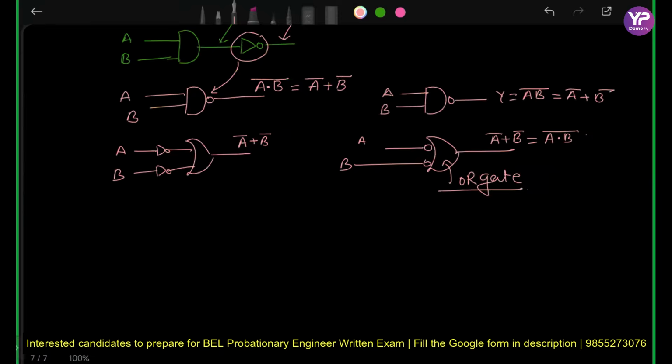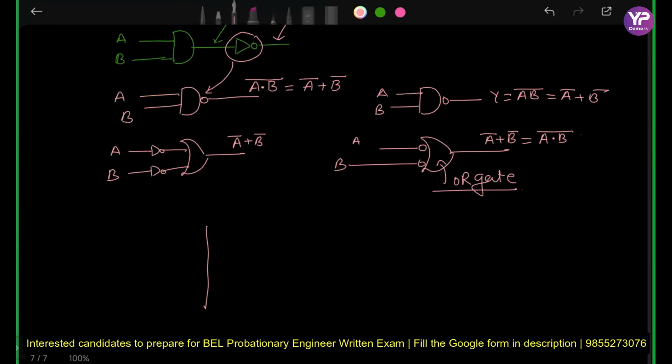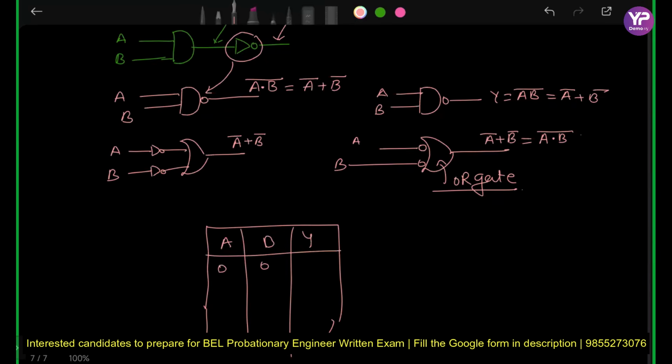What will be the truth table for this one? It's just the invert of the AND gate, so that will be 1 1 1 and 0, right?